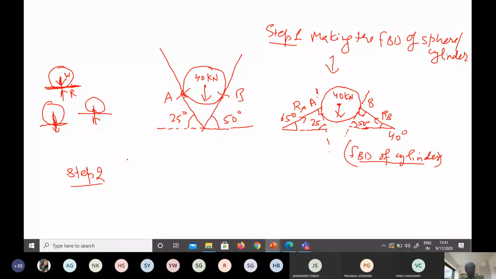I am repeating the line again. So can you identify the common point here, where you can see all the forces are passing? Center of... Yes, very good.